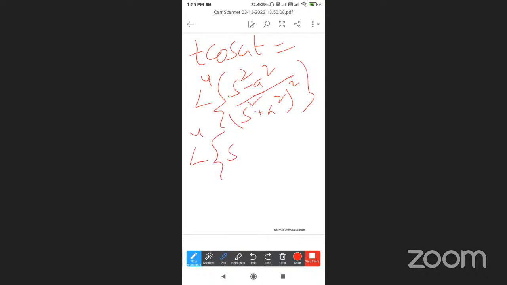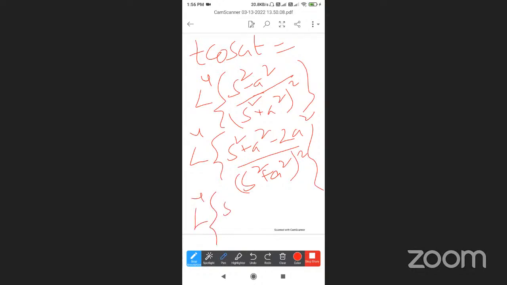Inverse Laplace transform of s square plus a square minus 2a square by s square plus a square is a whole square. We have to simplify separately. Inverse Laplace transform of s square plus a square by s square plus a square is a whole square minus 2a square by s square plus a square is a whole square.